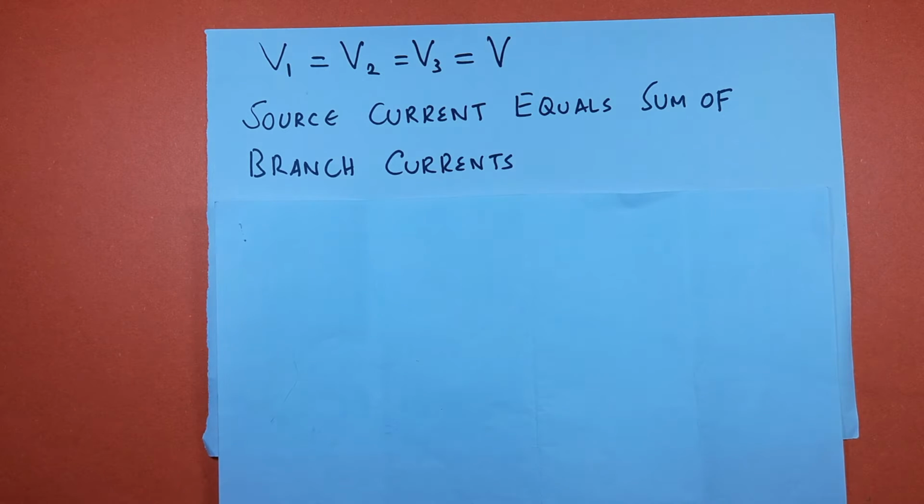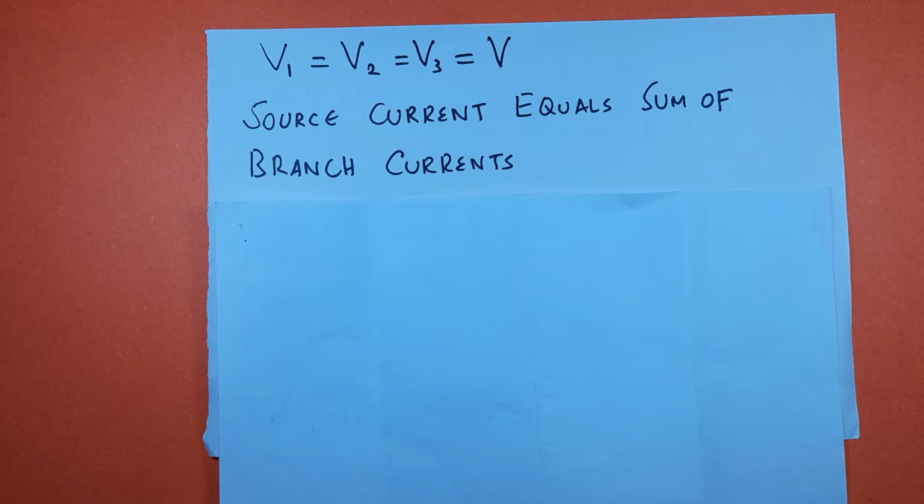Also, the source current is I. That current divides into various branch currents, right? Some current flows through branch R1 as I1, some through R2, some through R3. So I can say in a parallel circuit, source current equals the sum of the branch currents.